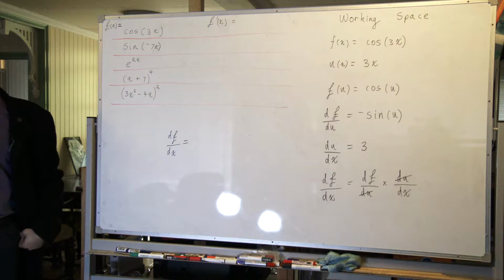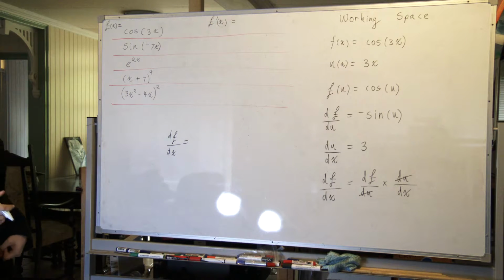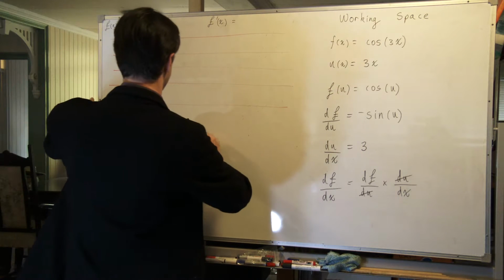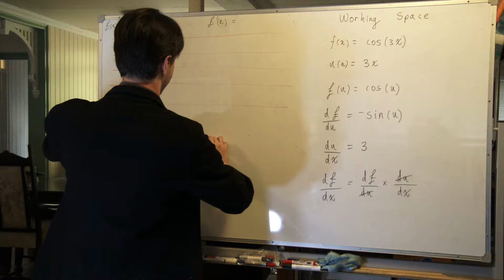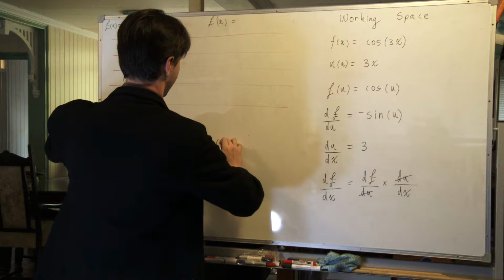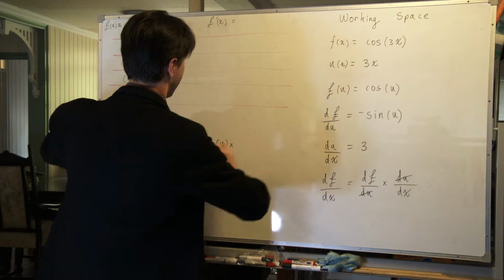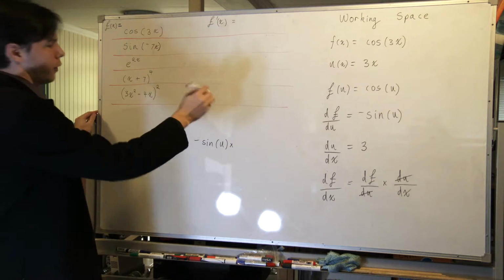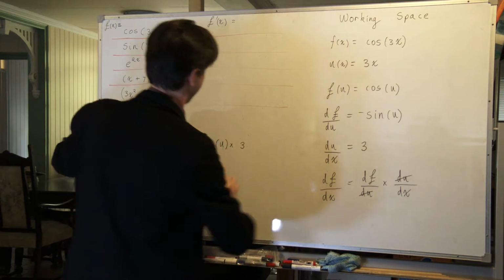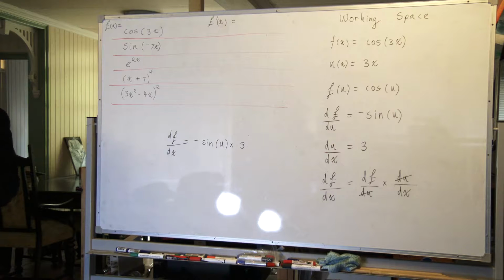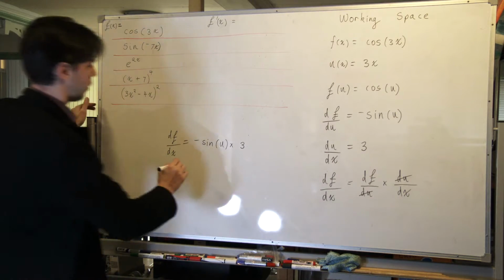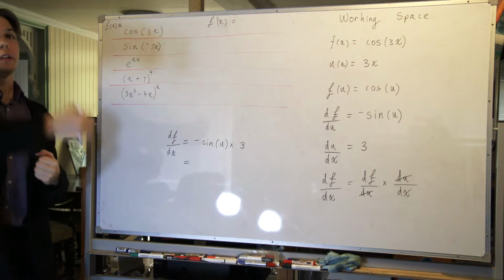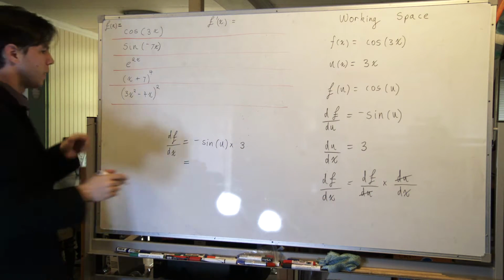df dx equals df du, which is negative sine of u, times du dx, which is 3. That's why I kept thinking 3. Okay, so when we multiply things together, numbers usually stay out the front of the trig functions.